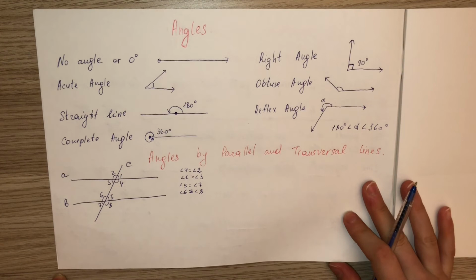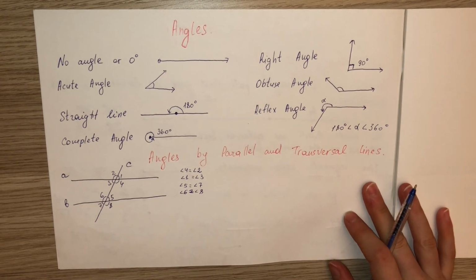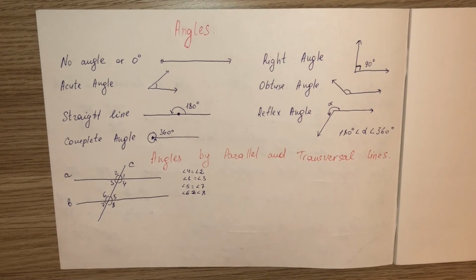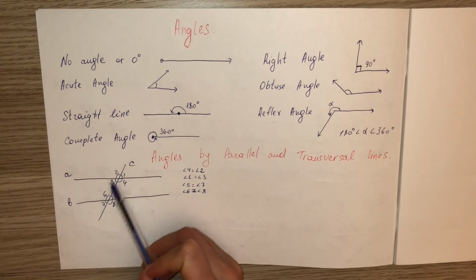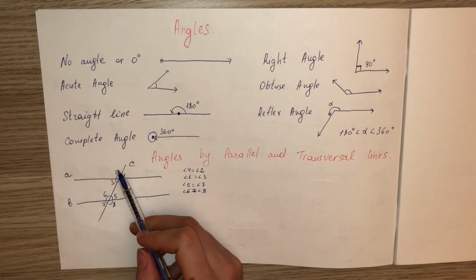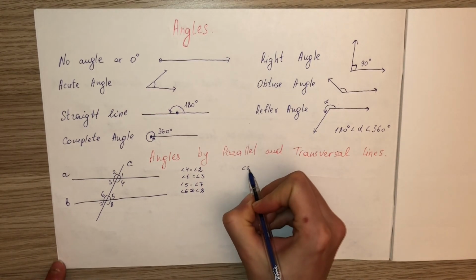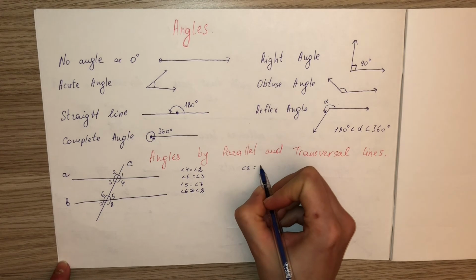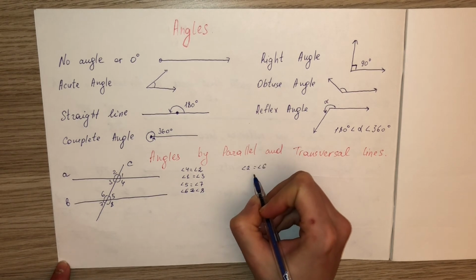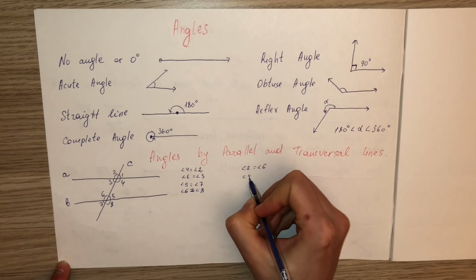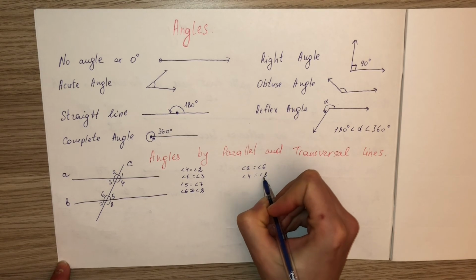Let's continue. There are other angles, angle 2 and angle 6. They are also equal. Angle 2 is equal to angle 6. Angle 4 is equal to angle 8.